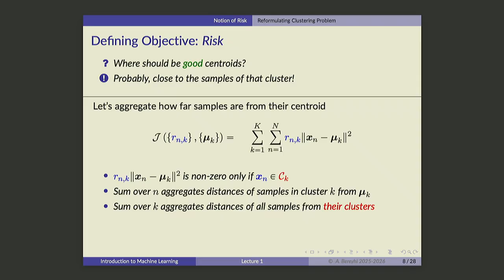Everybody's cool? Now, does it make sense as a kind of objective to make it small? When this guy is 0, what's going to happen? Every point inside every cluster is exactly lying on the centroid of that cluster, right?